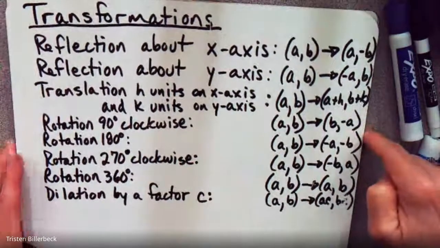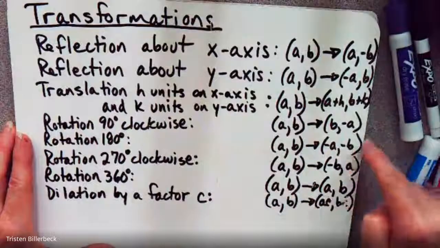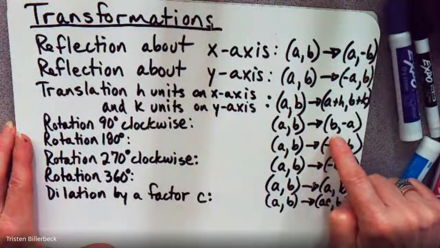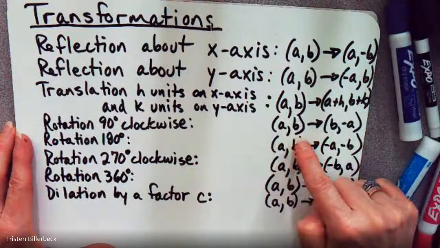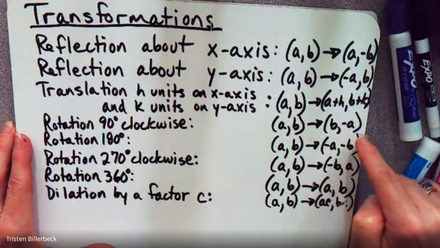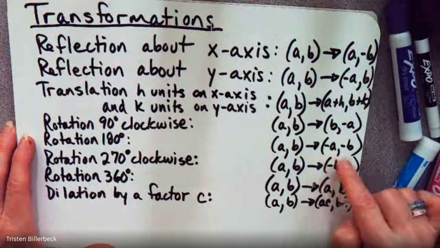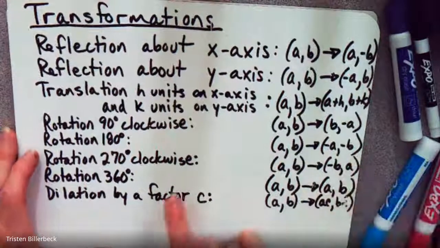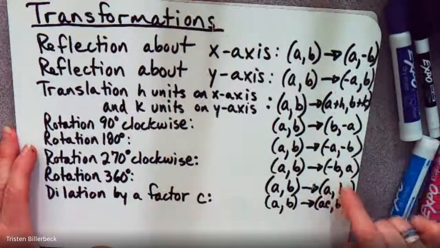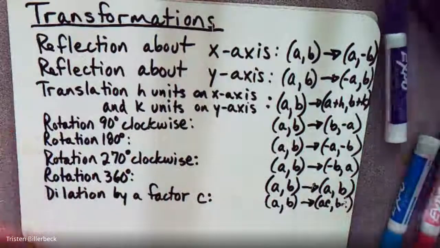A rotation 90 degrees clockwise is going to look like this: (A, B) becomes (B, negative A). A rotation 180 is going to look like (negative A, negative B). A rotation 270 is (negative B, A).